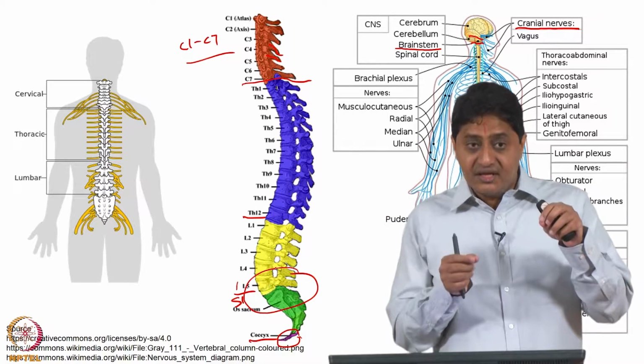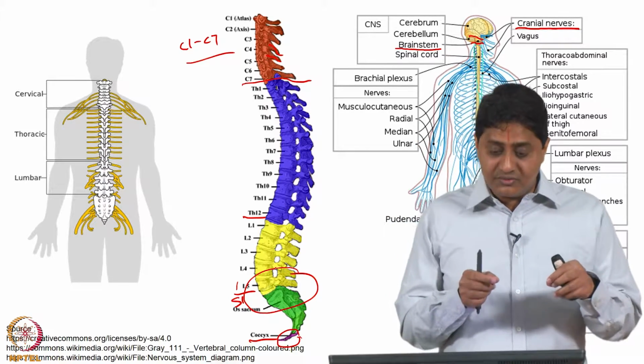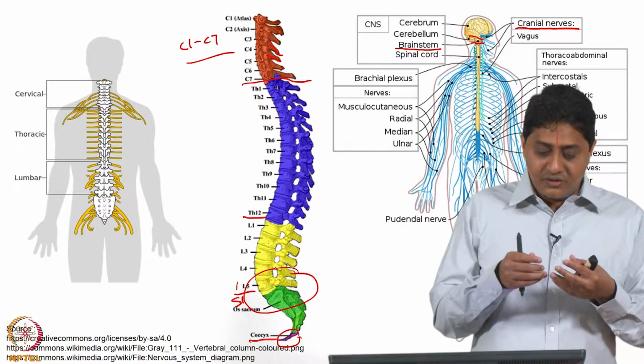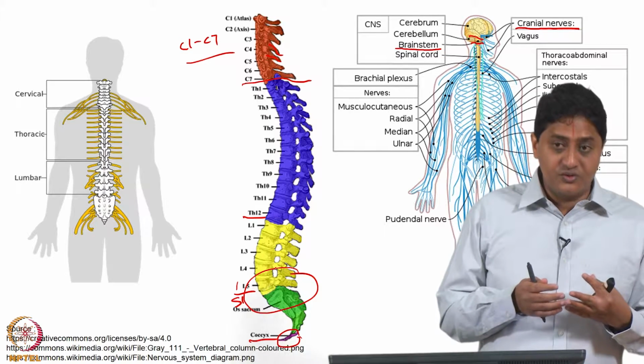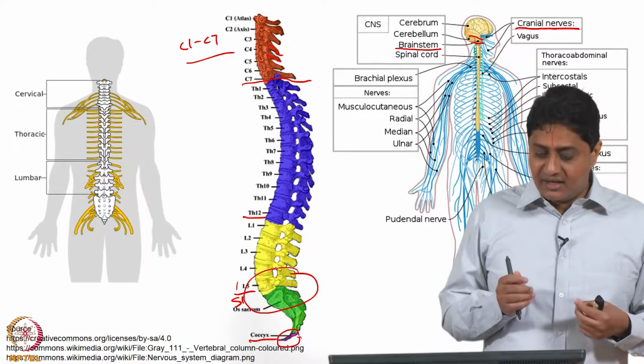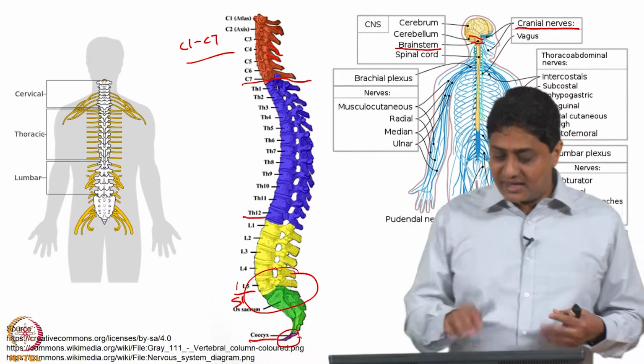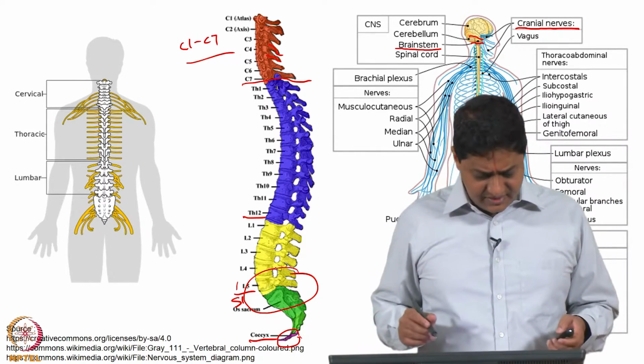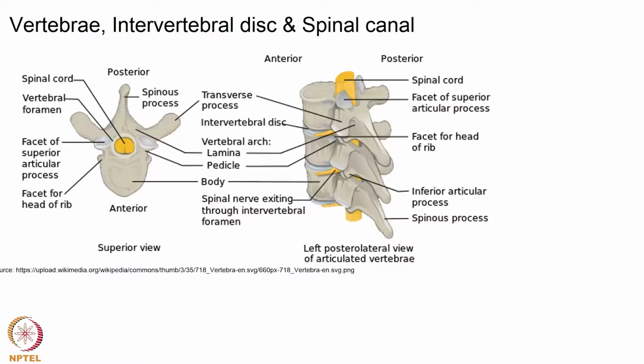In other words, they also serve as spaces from which neurons can originate. So, neuronal cell bodies can lie in these spinal processes, which we will see in the next few slides, okay.